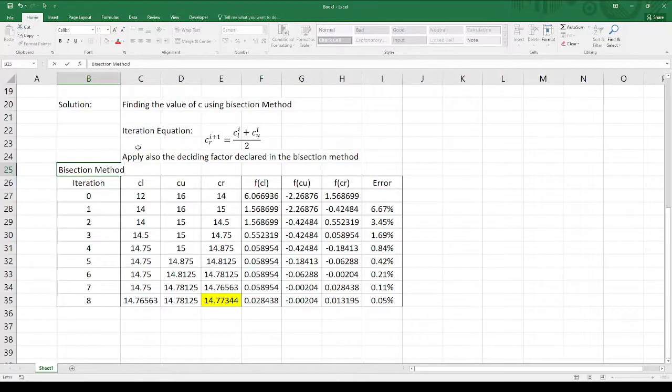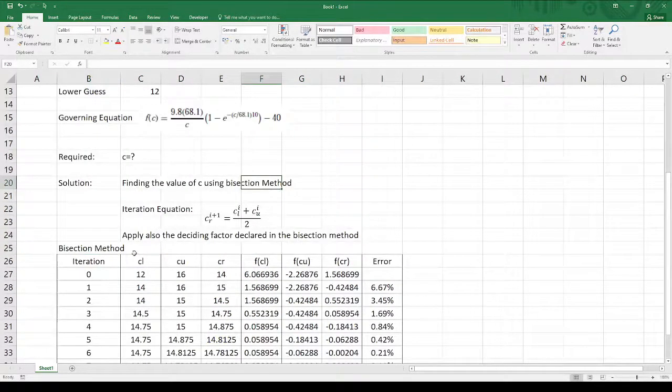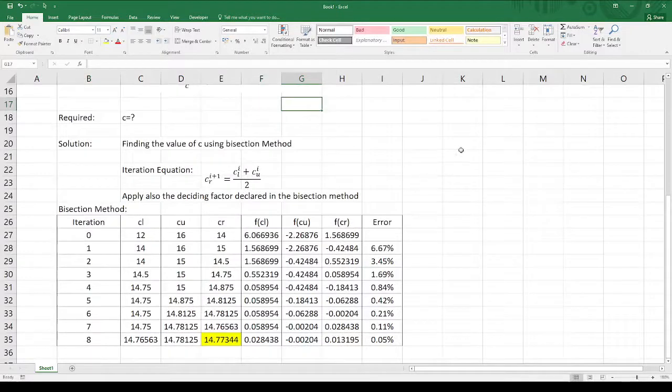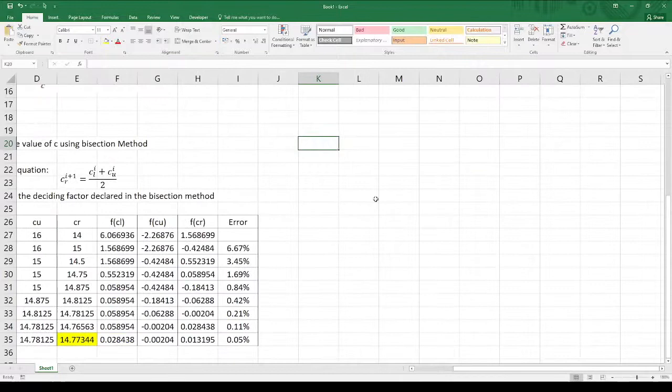So how about if we try to solve it in regular falsi? Dili nato ibutang sa kilid. So finding the value of C using false position method.